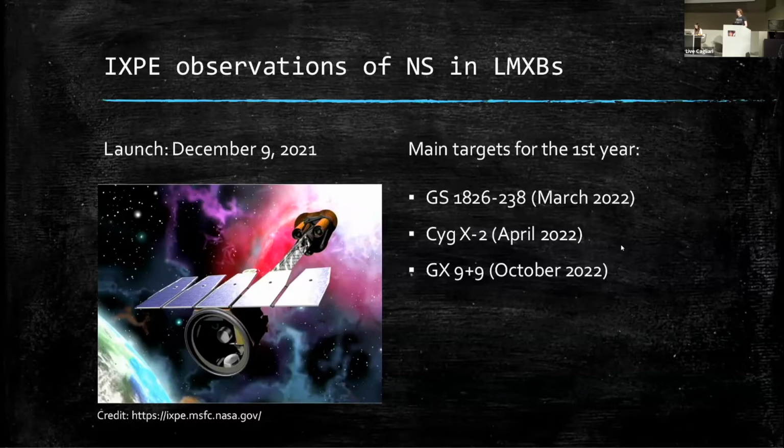And the thing is that from IXPE alone, unfortunately, we're not getting super good fits. So it's always better to have multiple different observations performed with multiple missions. Also, if we want to make predictions about the polarimetric properties of the studied sources, we need to have some sort of good constraints on the parameters that we study in these sources.